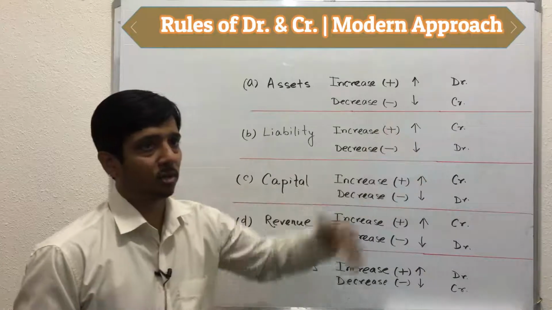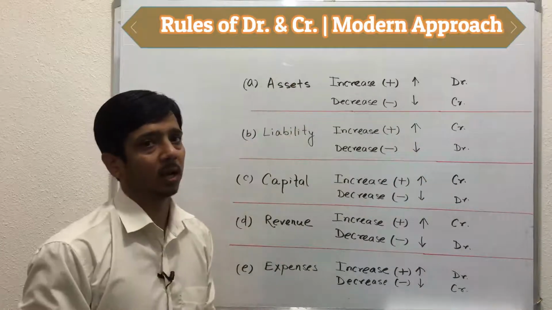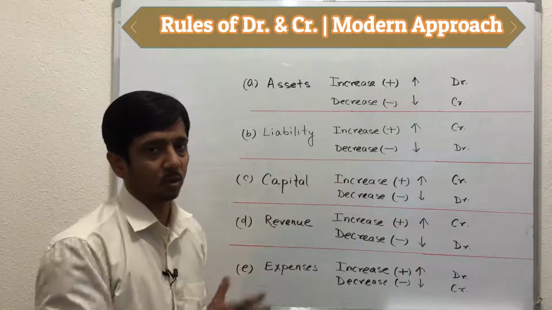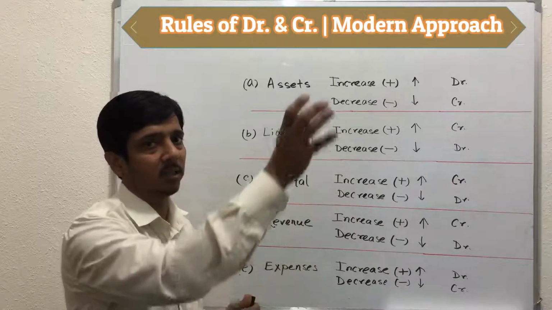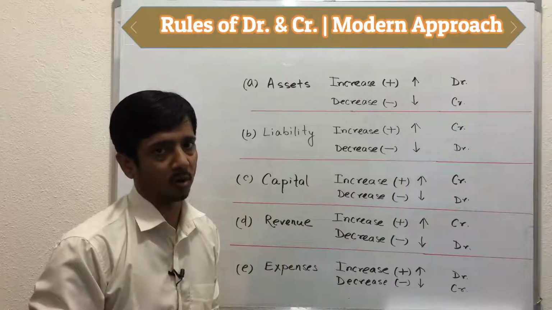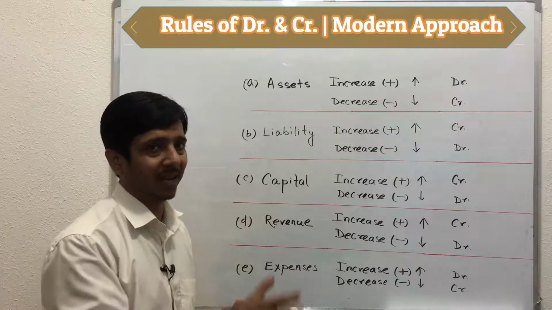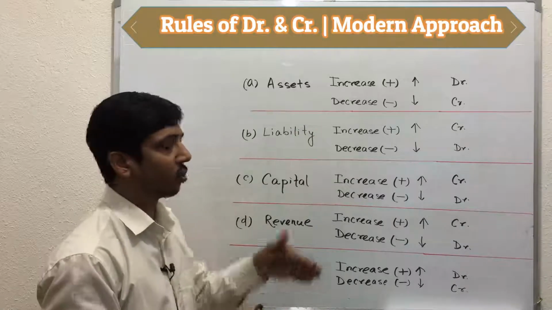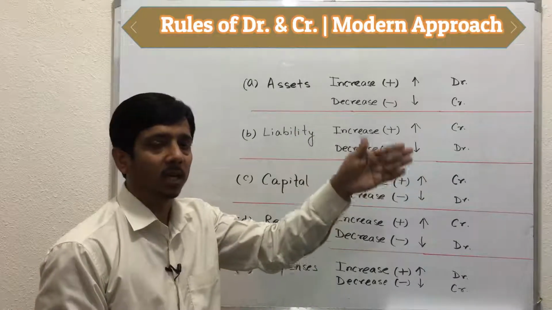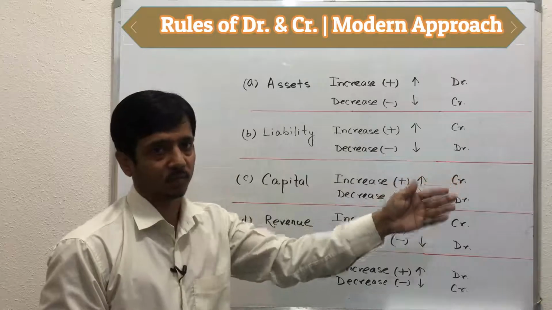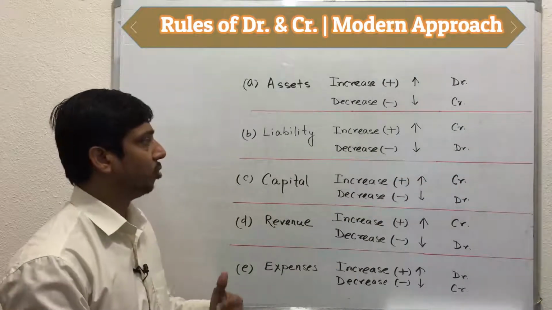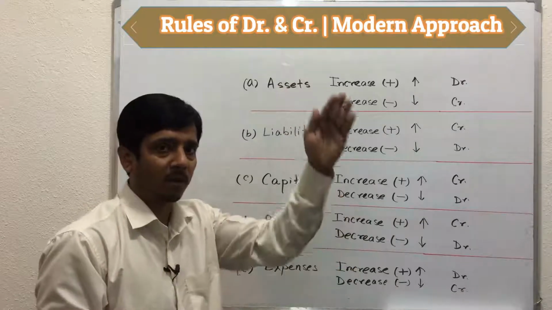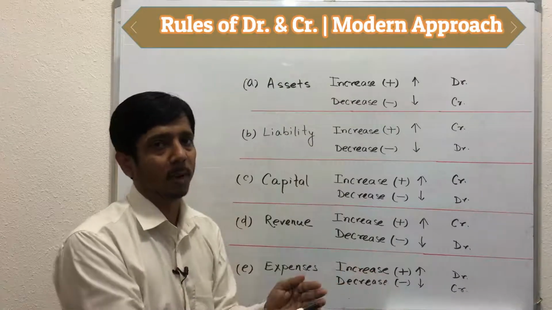For example, if you have goods purchased from Mr. Kareem, so Kareem is your creditor. So Kareem, the creditor, is increasing if you are making the purchases from him. So Kareem is the creditor and it is increasing your liability. Therefore, Kareem will be credited in case of the credit purchases. Similarly, if you are making the payment to Kareem later on, so now your liability will decrease due to the payment.